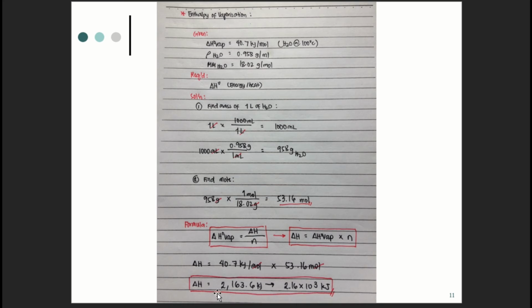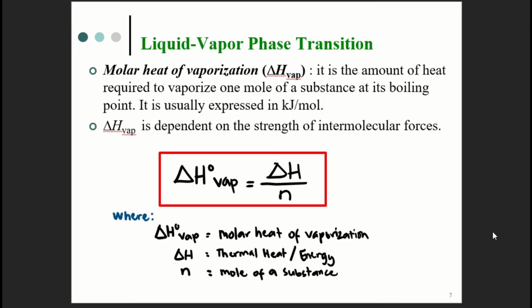So, ganun kalaki yung energy na kailangan para ma-convert yung 1 litro ng tubig into vapor. So, in scientific notation, you can write it as 2.16 times 10 raised to 3 kilojoules. Either of the two, it's the same. It's the correct answer. And that's how we apply the formula for molar heat of vaporization.